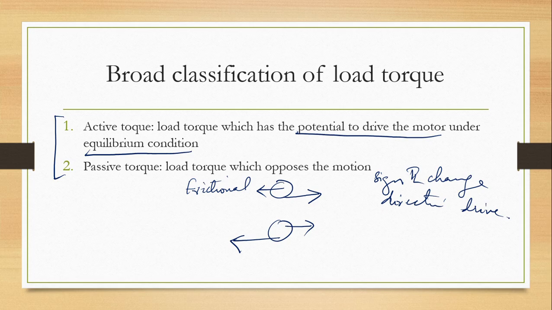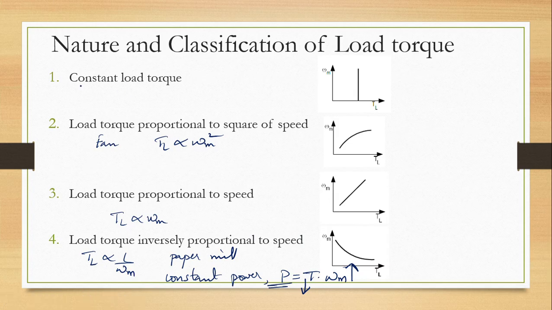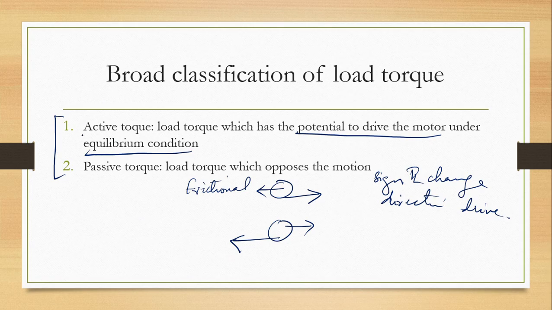In frictional torque, according to the change in direction, the direction of friction also changes, so your load torque is opposing the motion of the drive. So these are the classifications of load torque. We saw that you had classified into 4, and apart from these 4 classifications, we had also seen broadly 2 classifications, that is the active and the passive torque as well.